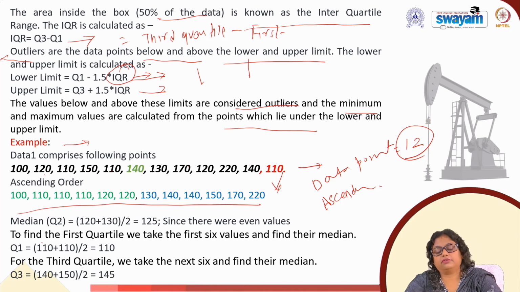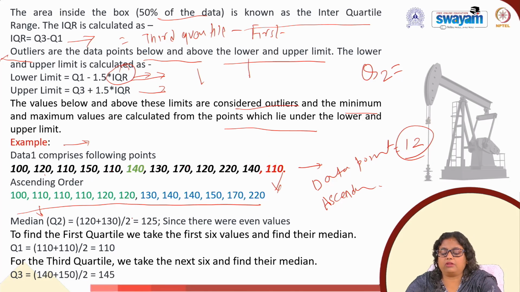Next you need to calculate the median, which we represent by Q2. So Q2 is your median. Initially we know data 1 has 12 points, and 12 is an even number.